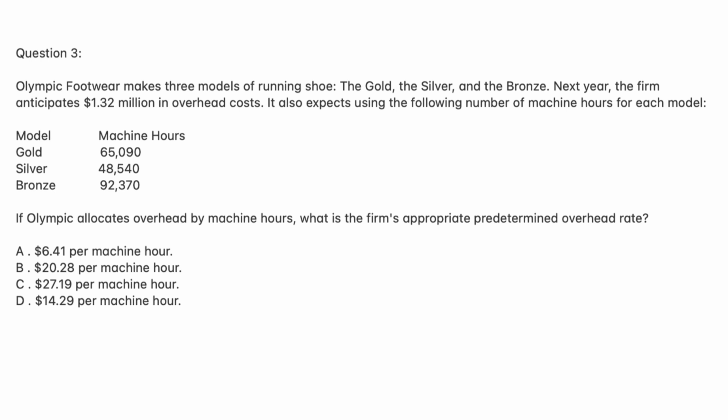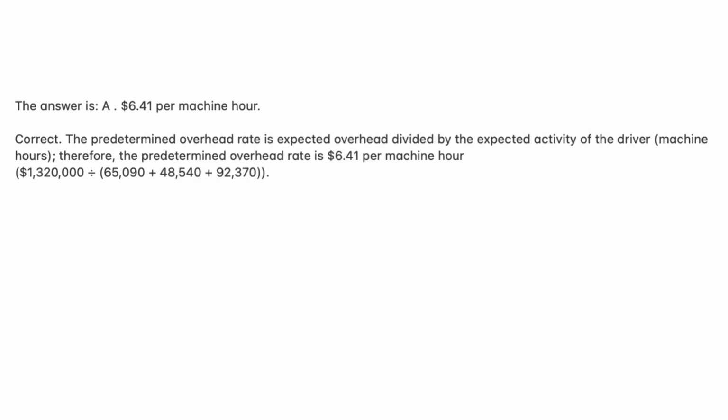If Olympic allocates overhead by machine hours, what is the firm's appropriate predetermined overhead rate? A. $6.41 per machine hour. B. $20.28 per machine hour. C. $27.19 per machine hour. D. $14.29 per machine hour. The answer is A.